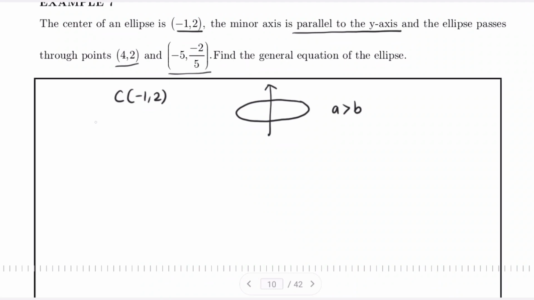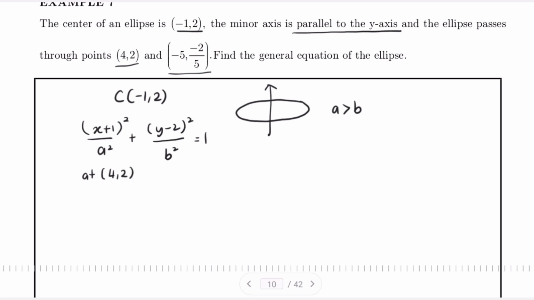Let's substitute the center into our formula. So it becomes (x plus 1) squared over A squared plus (y minus 2) squared over B squared equals 1. In order to find A and B, we're going to use the two coordinates that are given in the question, which is (4, 2).